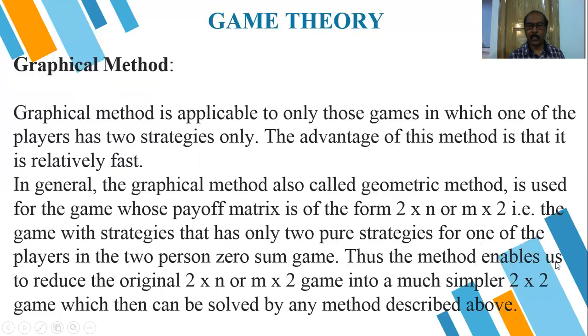Thus, the method enables us to reduce the original 2 cross n or n cross 2 game into a much simpler 2 cross 2 game, which can then be solved by any method described above.